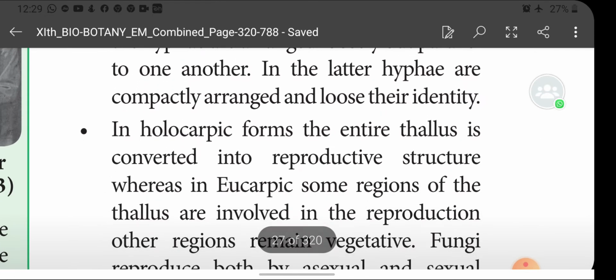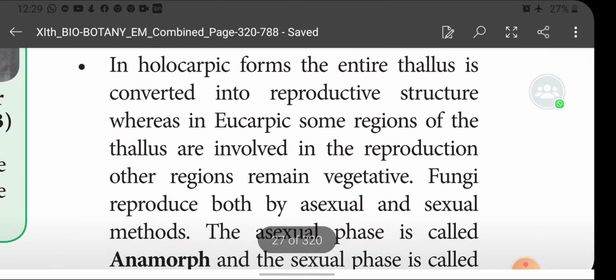In holocarpic forms, the entire thallus is converted into a reproductive structure, whereas in eucarpic forms, some regions of the thallus are involved in reproduction and other regions remain vegetative. Holo means what? The whole, the entire. The entire thallus is converted into a reproductive structure.